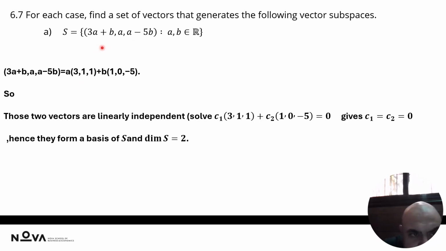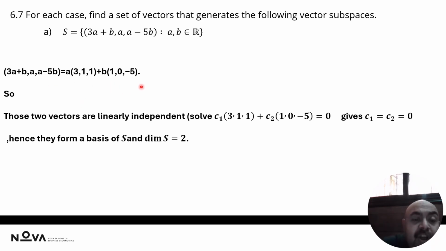For the second vector, it's going to be b. There is no b in the second coordinate, so it's going to be 0. -5b, so it's going to be -5. Those are the two vectors that generate this vector space: 3, 1, 1, and 1, 0, -5.